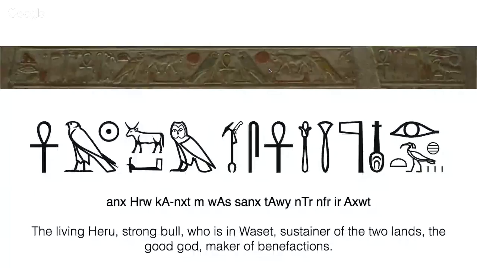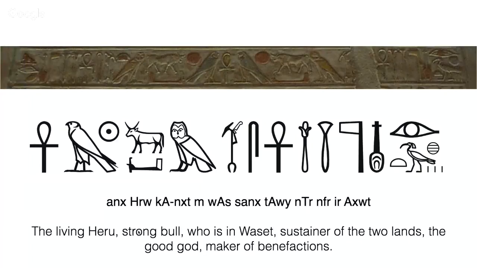Now, this is the other side, the right-hand side. Notice the right-hand side pretty much mirrors the left. They're identical except for the very end, so I'll go through this quickly. We have Ankh Heru, Kha Neket, and Waset. So Ankh Tawi, Necher Nefer, Ir Akut. It's a different ending here. Instead of Sa Wasir like the other one up here, it's Ir Akut.